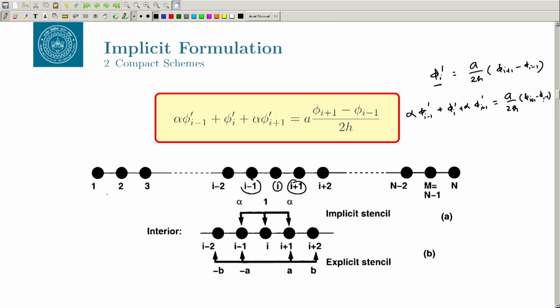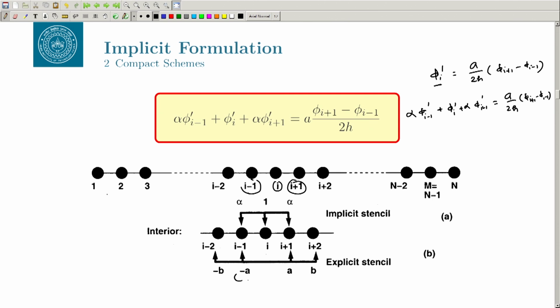So, in this case, if you look at the stencil, you are trying to calculate all 3 derivatives at the same time, i minus 1, i and i plus 1, and that gives you an implicit system. So, how does it give you the implicit system? I will just show you in a minute.